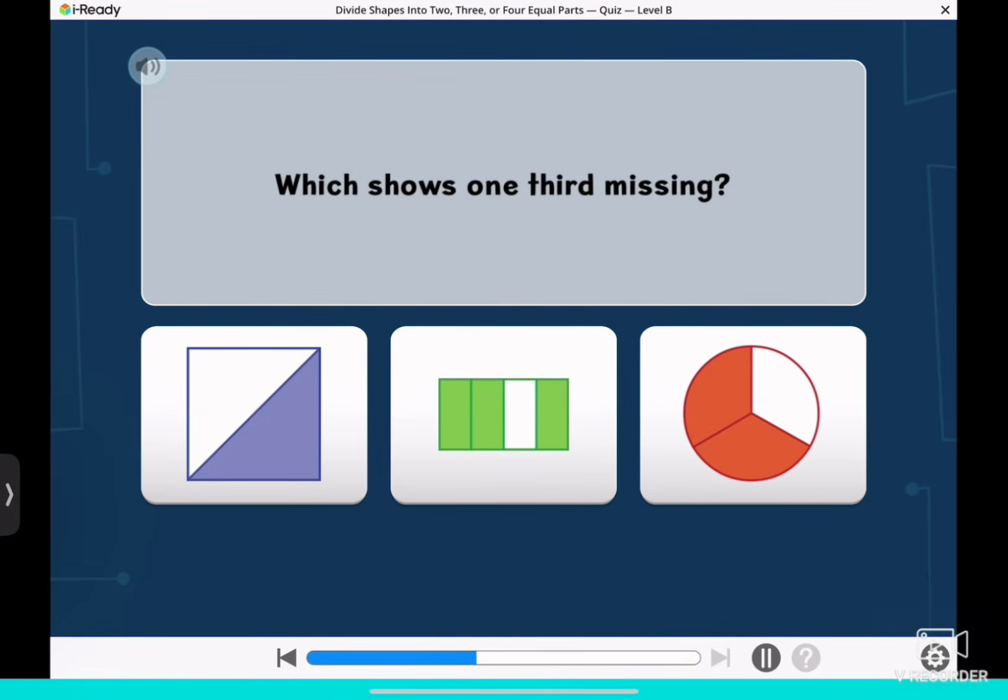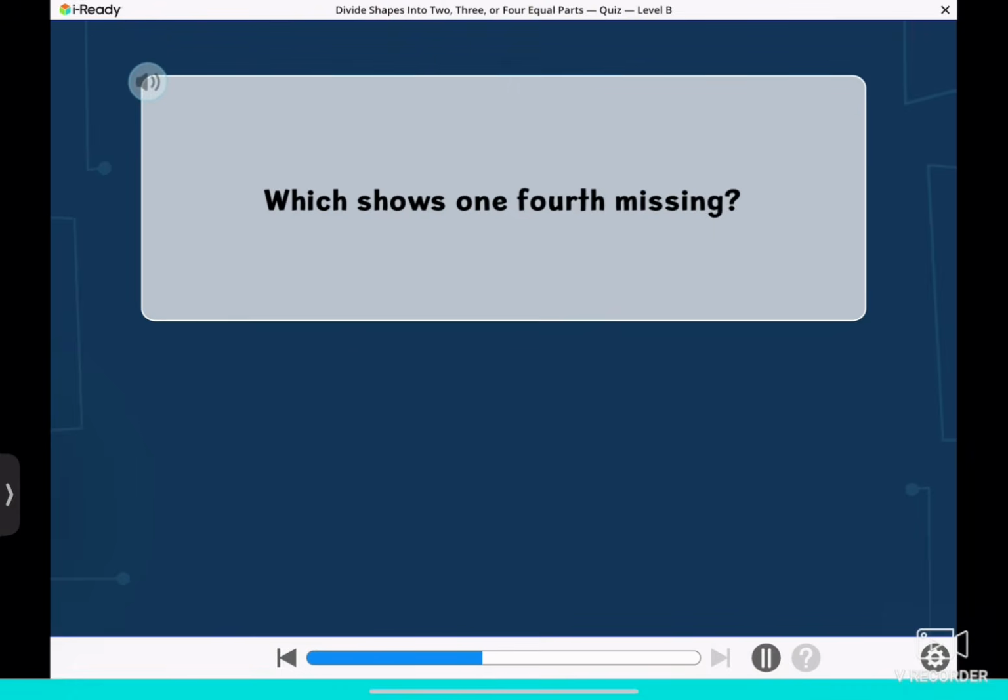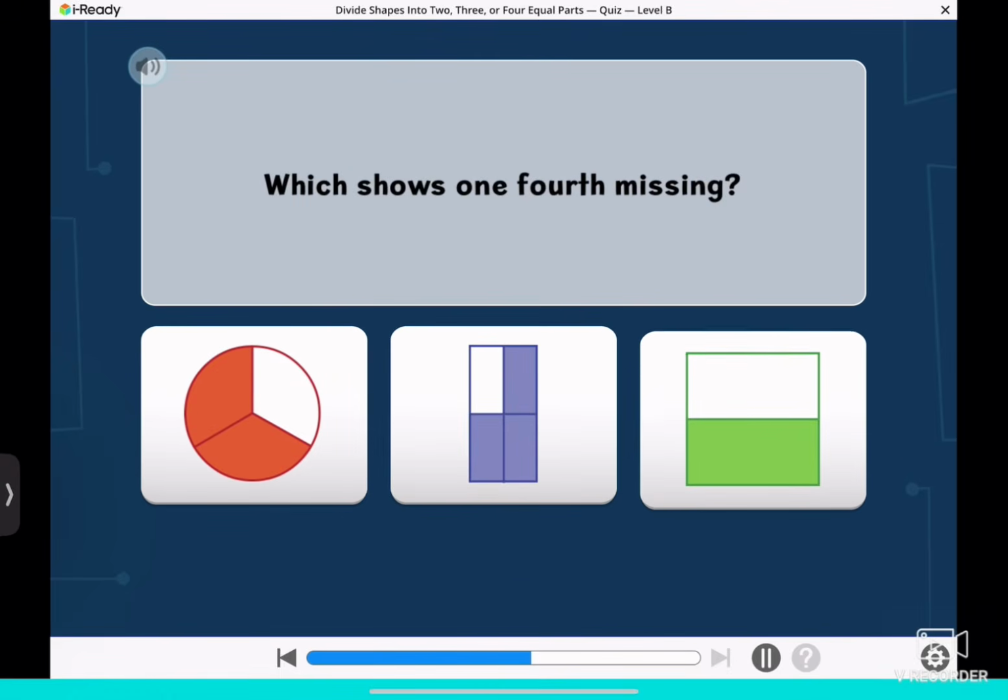Which shows 1/3 missing? Which shows 1/4 missing?